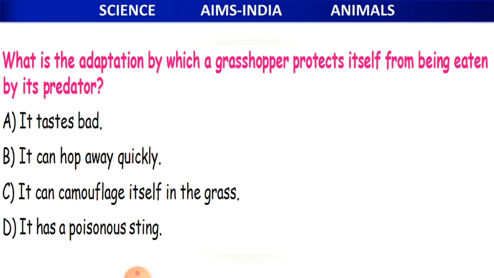Okay children, that is adaptation. So how can a grasshopper protect itself from its predator? Predator, in the sense children, is the other animal which is going to eat this particular animal, that is the grasshopper. So what is the adaptation? What feature does it have to protect itself from enemies?